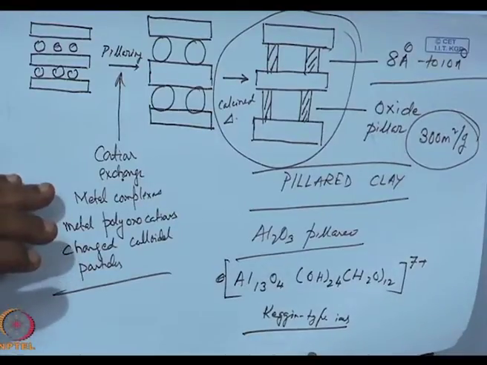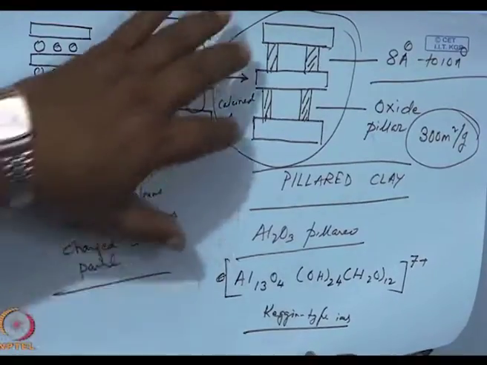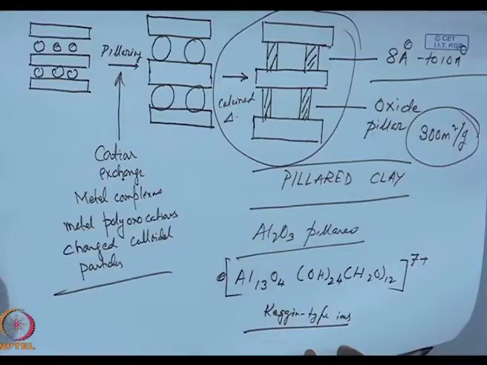They are very stable, and in this way, by pillaring of clay, we can increase the basal spacing of clays. Okay, we do that for what purpose? Let's look at what we can do.